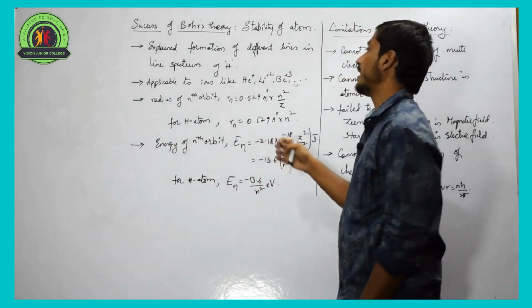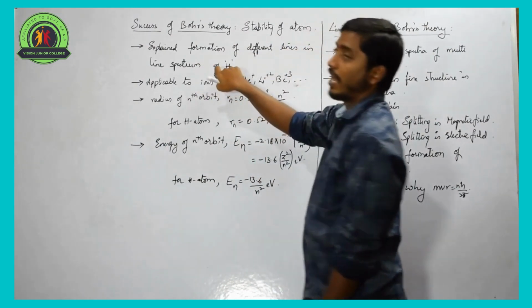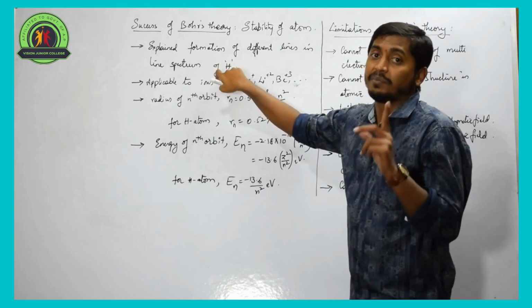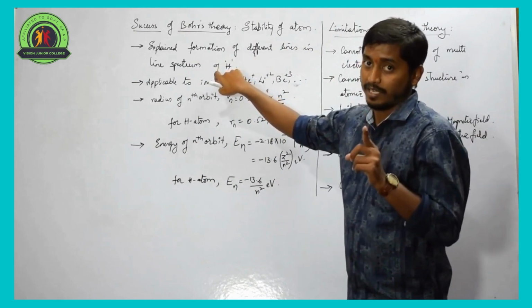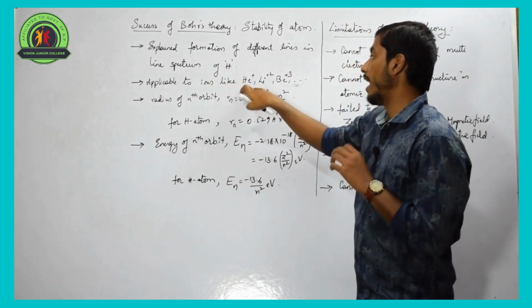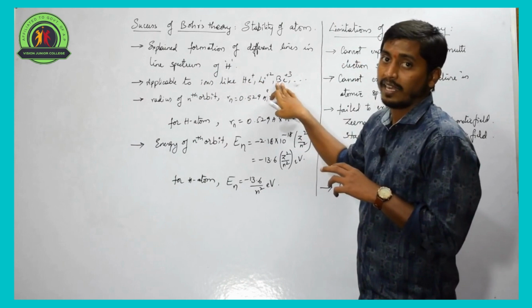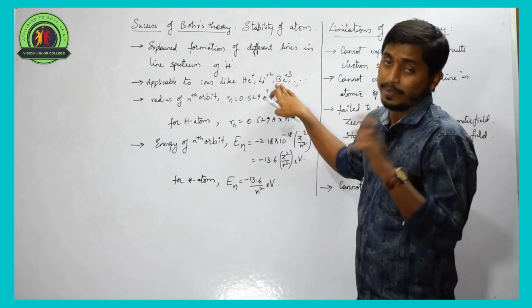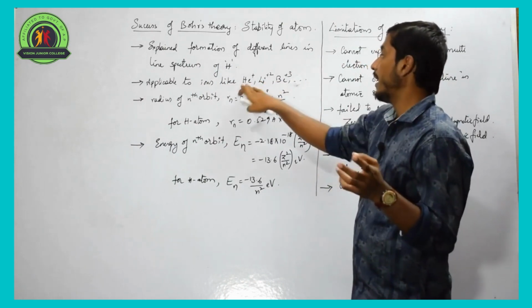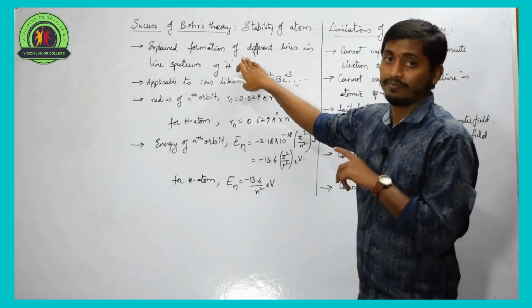Similarly, he explained the formation of different lines in the line spectrum of the hydrogen atom, right. Once again I am telling, he explained only the hydrogen atom, which is also applicable to different ions such as He plus, Li plus 2 and Be plus 3, right. With the present theory which we have learned, helium plus means an electron is removed, which is again the size of hydrogen.